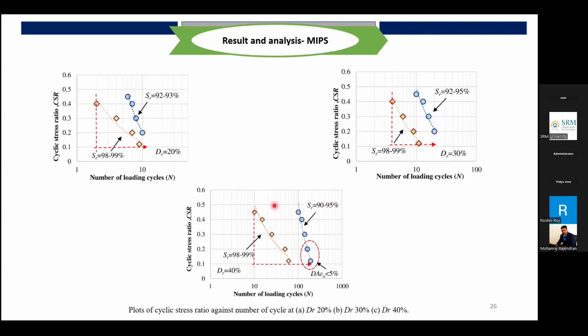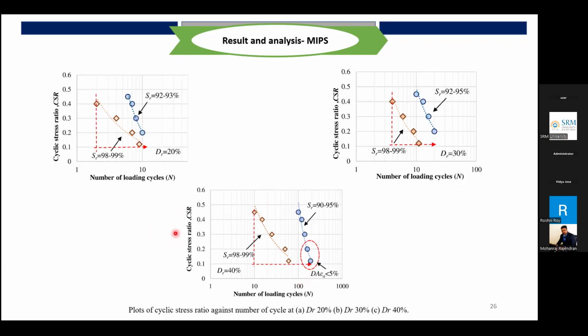In other words, if you consider this particular plot, the bottommost plot, we are looking into the narrow range of number of cycles. You see here somewhere 100 to 200 or 300 cycles we are dealing with.